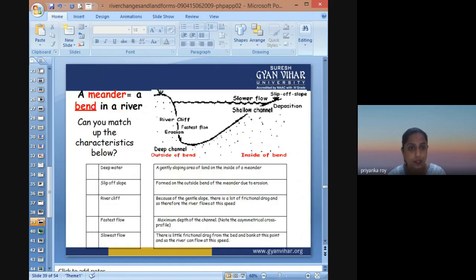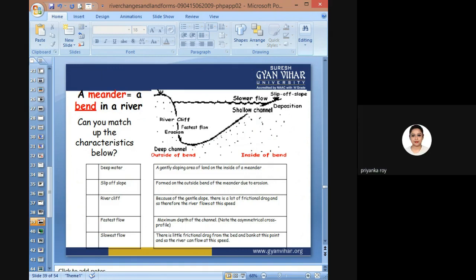If you see, a meander is a bend in a river, which can match up with the characteristics here. If you see, it is basically a bend in the river, right? Then in the deep water of the meander, we have a gentle slope area of land on the side of the meander.